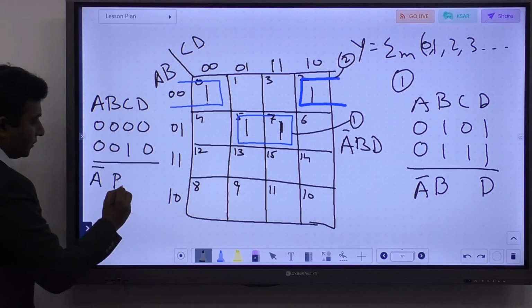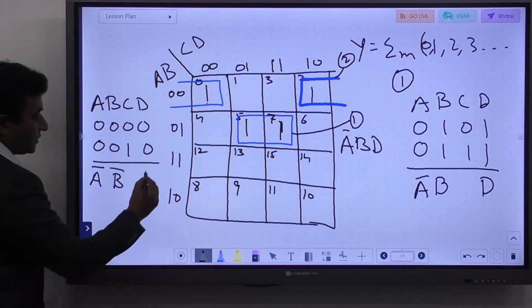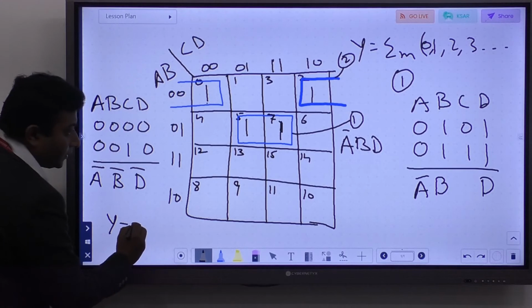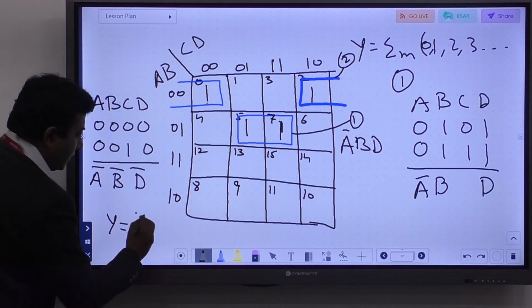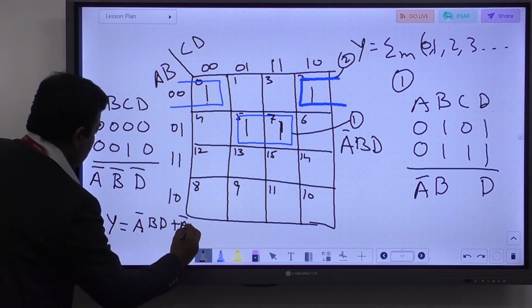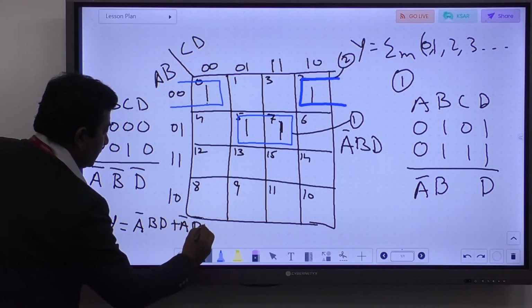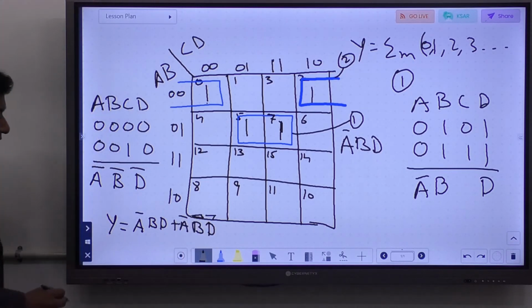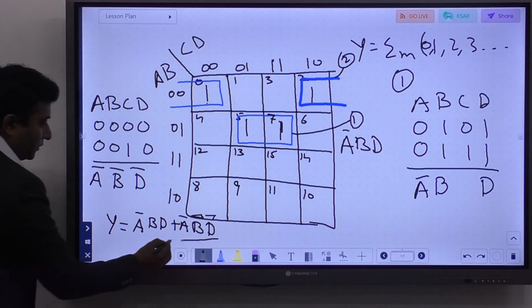Again B bar, this is inconsistent, and this is D bar. So your final output will be A bar, B, D plus A bar, B bar, D bar. Okay, this is A bar, B bar, D bar.